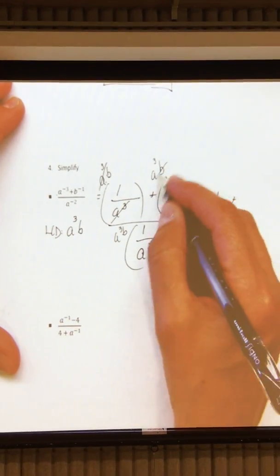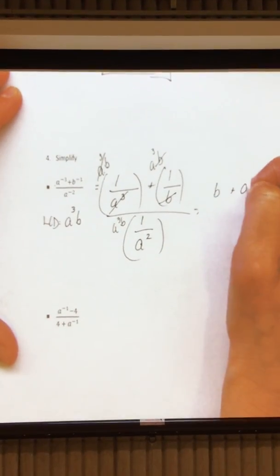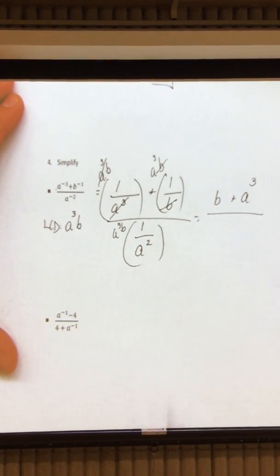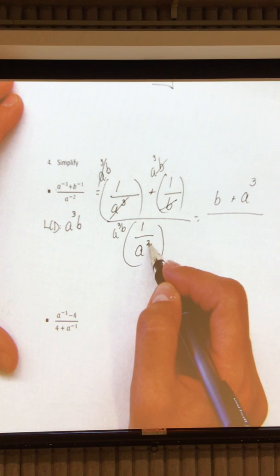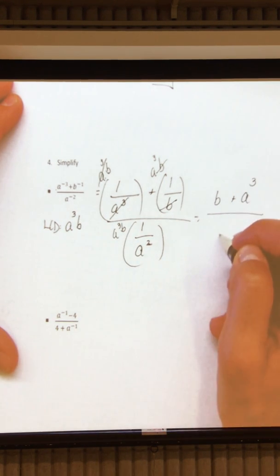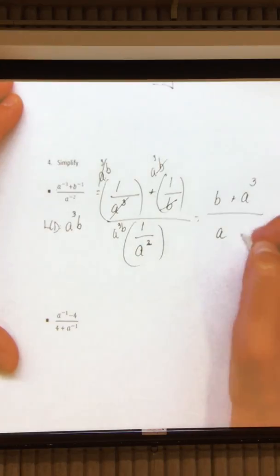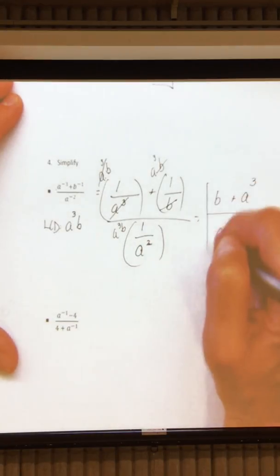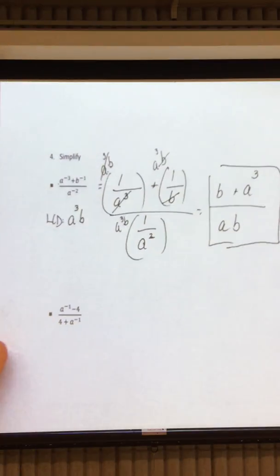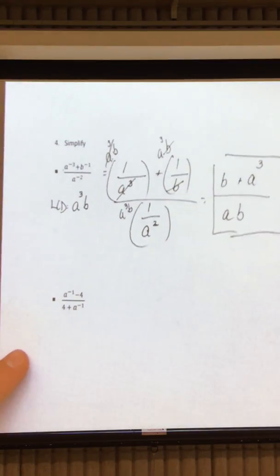The second fraction, our b's cancel, and that leaves us with the a cubed. In our denominators here, we have a cubed over a. 3 minus 2 is 1. So we're left with the a and the b, and that is our final answer. B plus a cubed over ab.